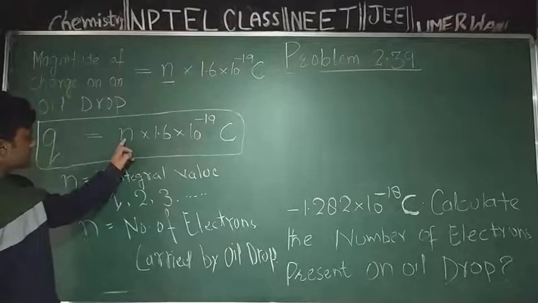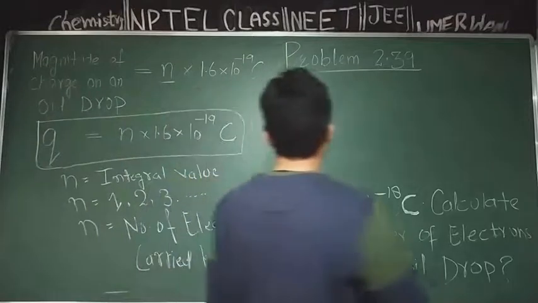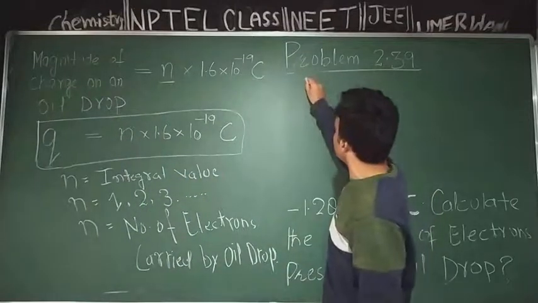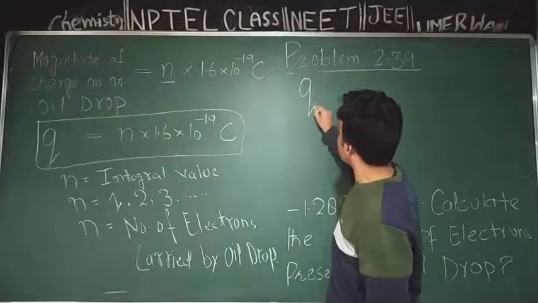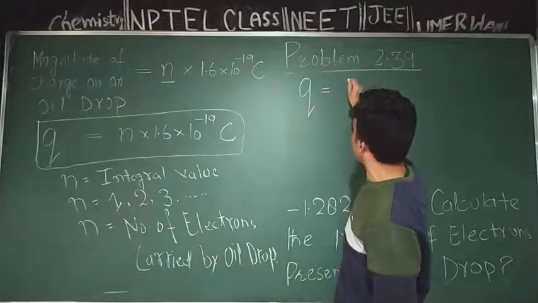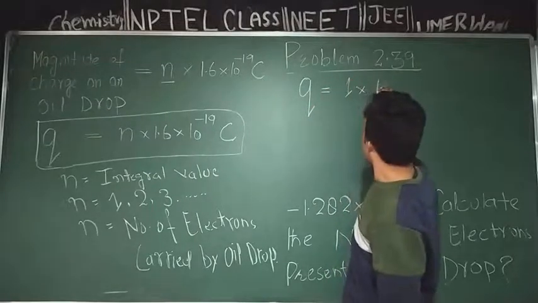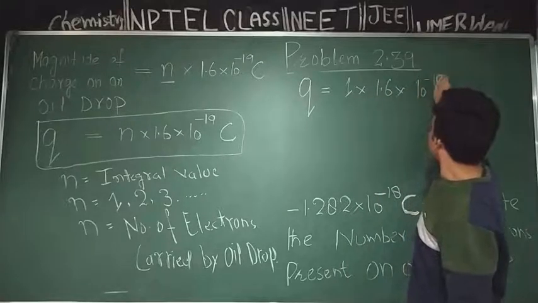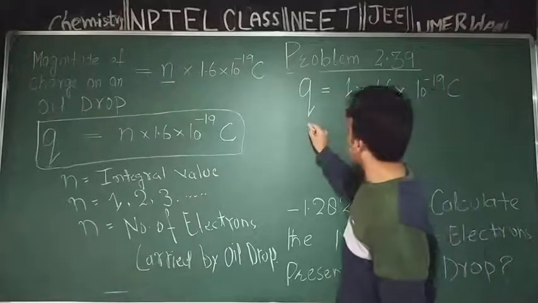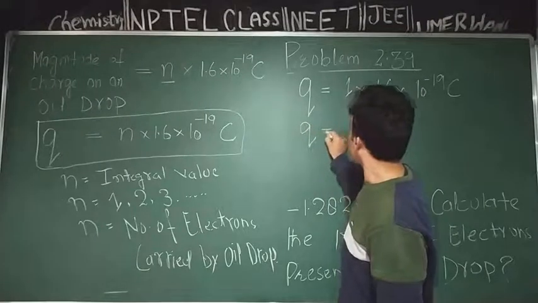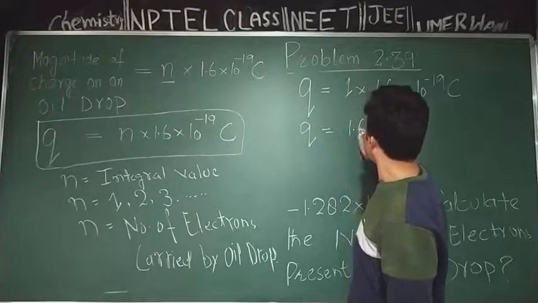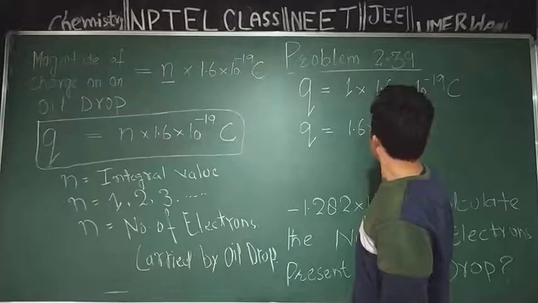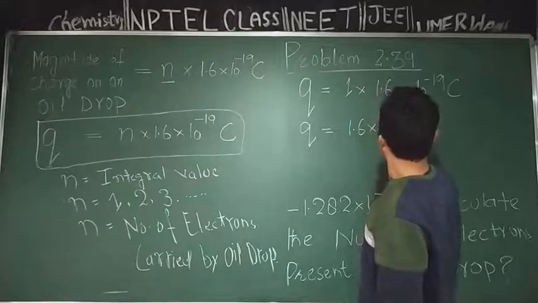So let me put here the value of n equal to 1. What will be the magnitude of charge carried by the oil drop then? It will be 1 multiplied by 1.6 into 10 to the power minus 19 coulombs, and q will be equal to 1.6 into 10 to the power minus 19 coulombs.